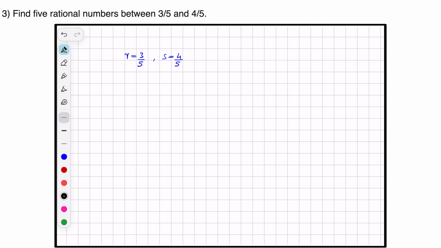So let us first solve the same problem using solution 1, that is (r plus s) by 2. So let us find the first number, (r plus s) by 2, and I can write it as (3 by 5 plus 4 by 5) by 2, and you calculate, you will get 7 by 10.